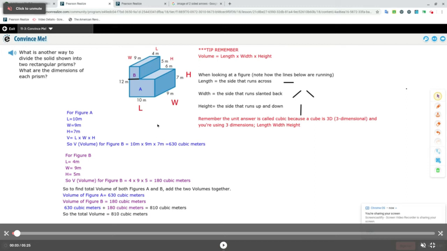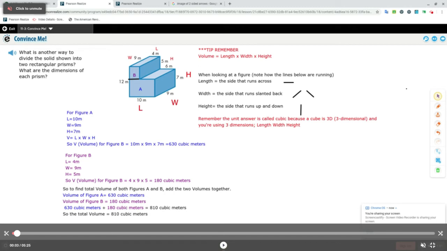But that's the volume of these two figures separately. I want to find what's the total volume of this entire figure. Well, I just found the volume of figure A, and I just found the volume of figure B. So to find the total volume of both figures A and B, I just add these two volumes together. So we just found out that the volume of figure A was 630 cubic meters, and the volume of figure B was 180 cubic meters.